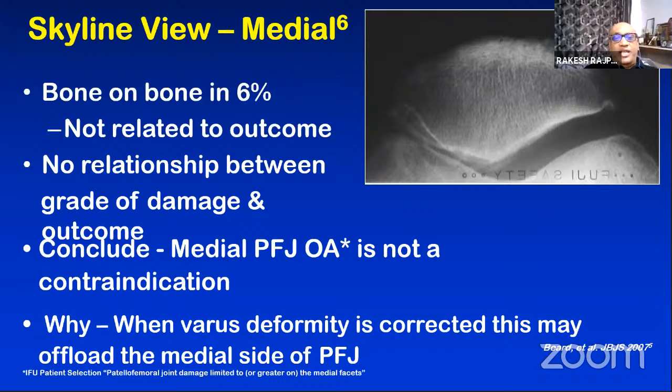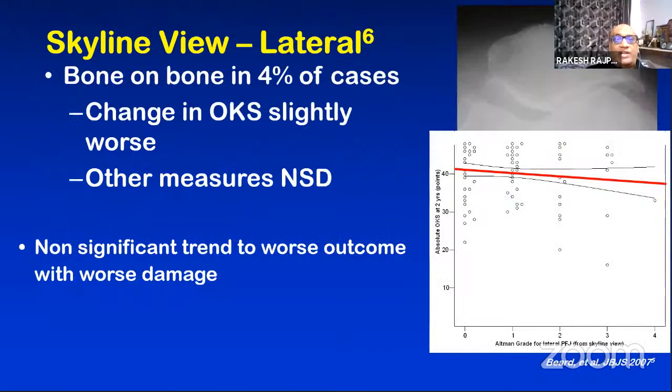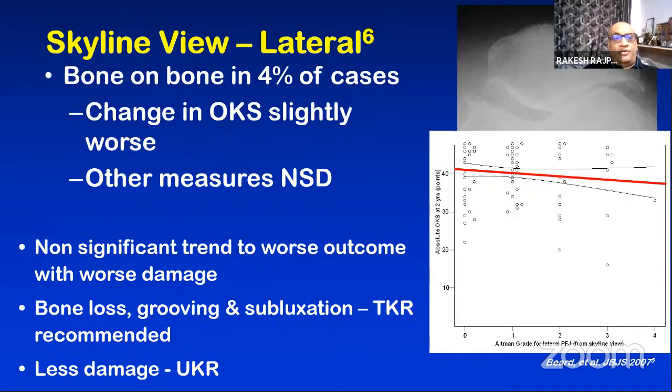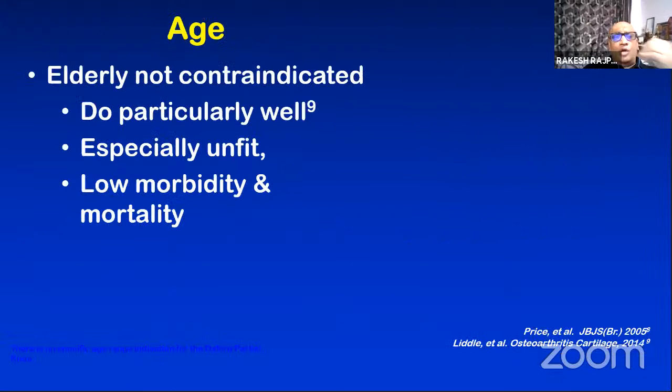However, if the same thing happens on the lateral side, then you are probably a bit skeptical about doing these cases, particularly if you see bone-on-bone contact on the lateral side. Perhaps nowadays we agree that these cases should not undergo a UKR and are probably better suited for a TKR.